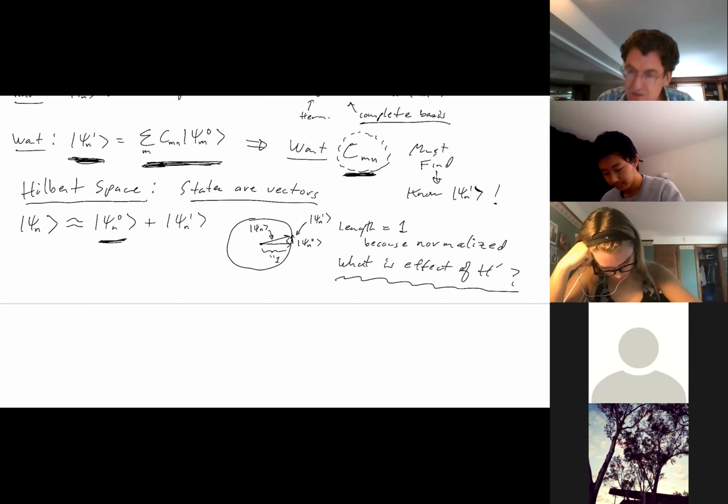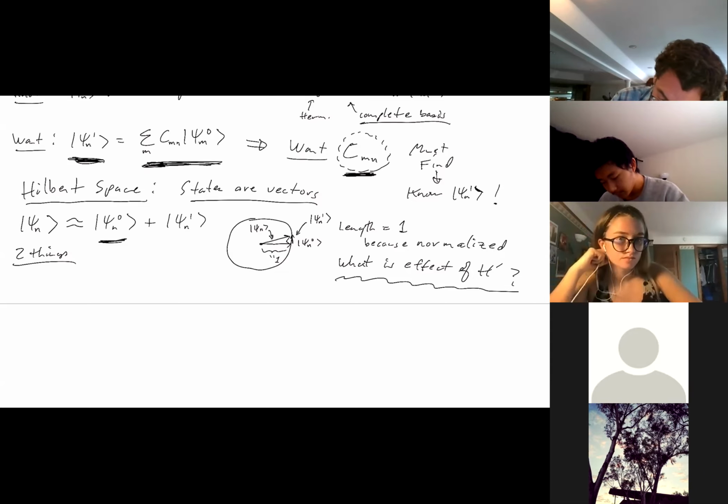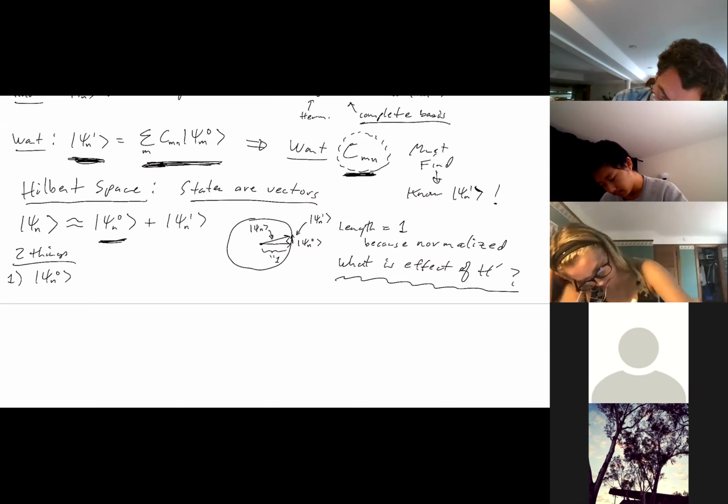Okay, but now there are some very profound things that we get from this very simple geometrical picture, a couple of things, two things. The first thing is that there's a relationship between the vector psi n naught and the vector psi n1.